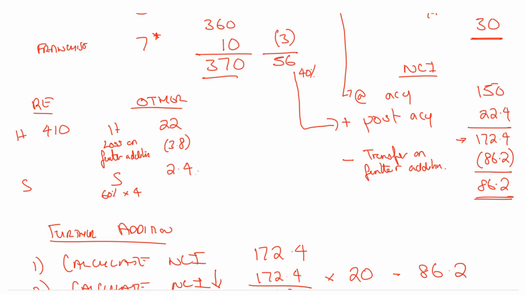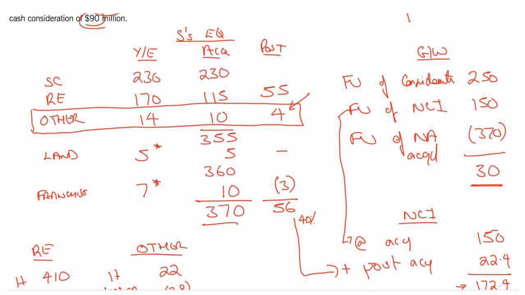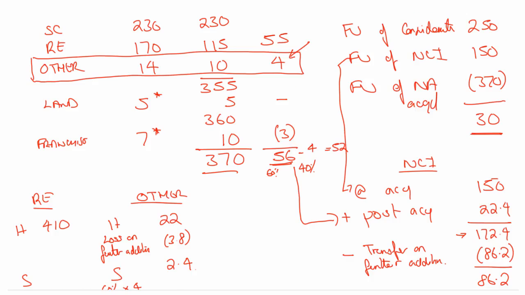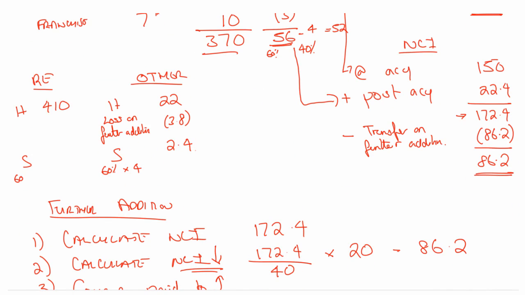That's so far so good for other. What about S's retained earnings though? Well, if I've taken the 4 here, I don't want to give S's retained earnings 60% of 56. I want to give it 60% of 56 minus that 4, don't I? So I want to give it 60% of 52. You get used to doing that after a while. So 60% of 52 comes to 31.2.